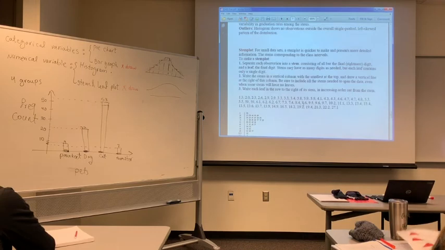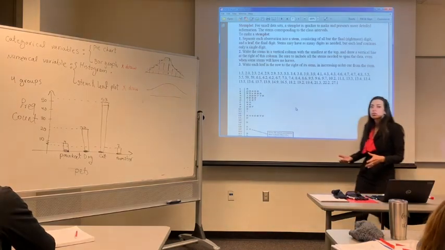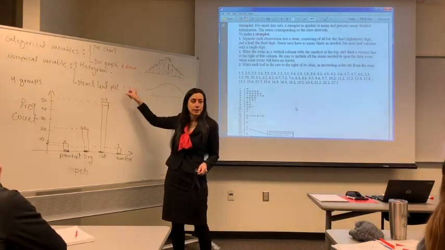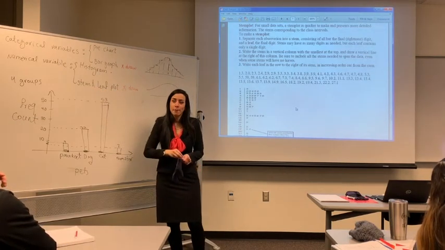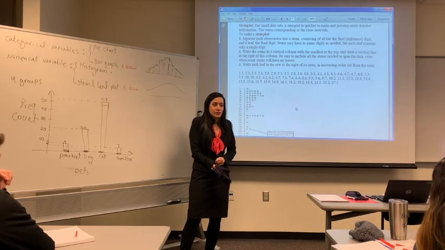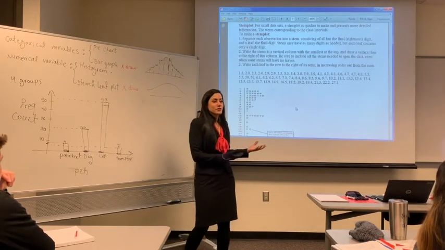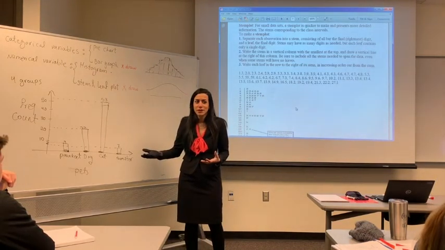So now I want to start on stem and leaf plot. A stem and leaf plot belongs to numerical variable. So we should have numbers, correct? Either percent of high school graduation, or student's grade, or what kind of other variables were numerical?